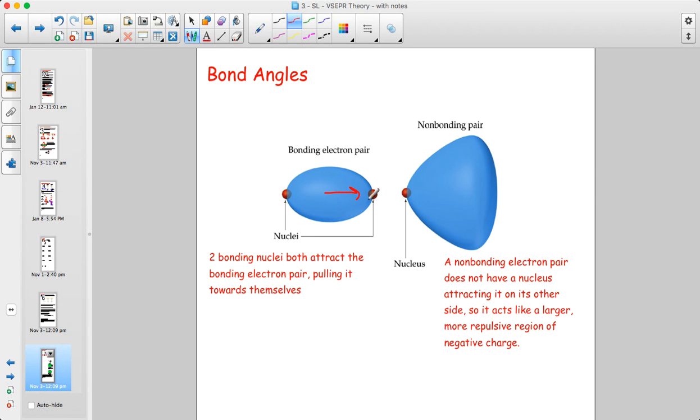This nuclei is pulling them this way, and this nuclei is pulling them that way, and that's keeping the electrons spread in between them. But if you have a lone pair of electrons, they're only being pulled this way, and there's nothing pulling them away on this side. So they have more of a presence. They act like a more concentrated charge, and they act more repulsive towards other groups around them because of that.